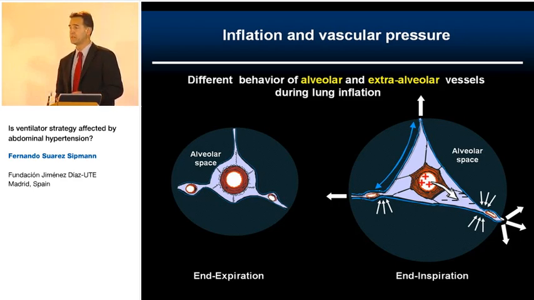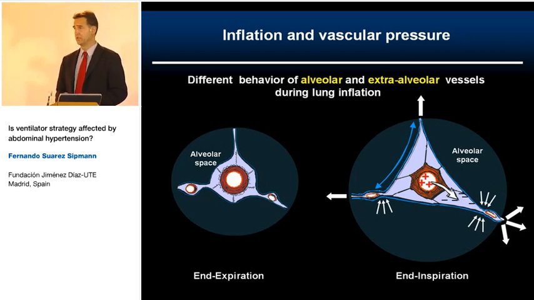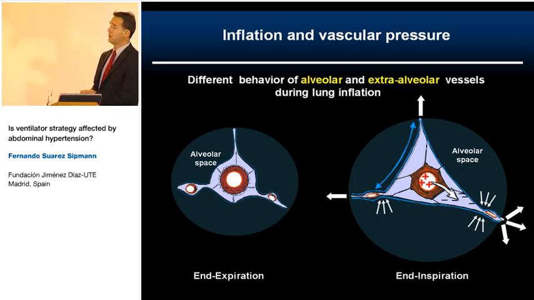The important thing is that both vessels have a different behavior during lung inflation. During lung inflation with normal volumes, the alveolar capillaries are compressed, because the alveolar pressure is increased, so the transmural pressure is kept constant, or at least does not increase.